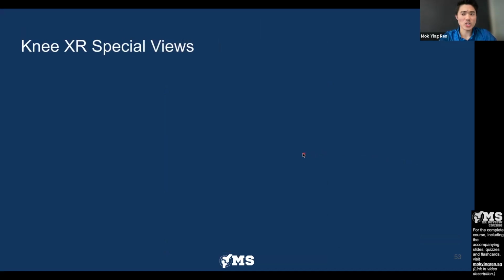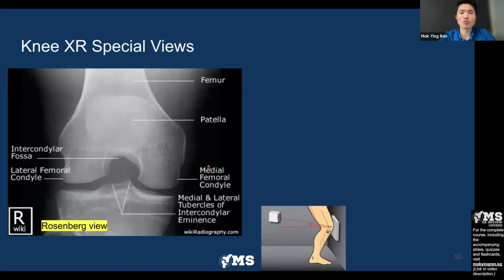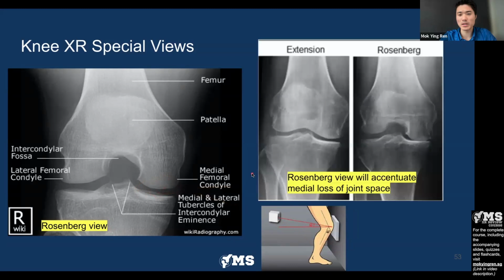Now, more special X-rays of the knee would be the Rosenberg view. A Rosenberg view involves the patient flexing the knee slightly and then shooting the X-ray. And this actually helps us to look at the medial compartment a bit better. What do I mean by that? Look at this X-ray over here. In extension, it appears to have a good joint space.